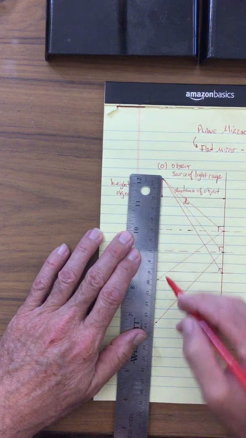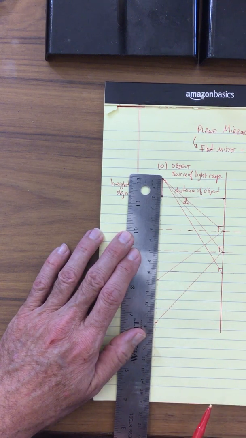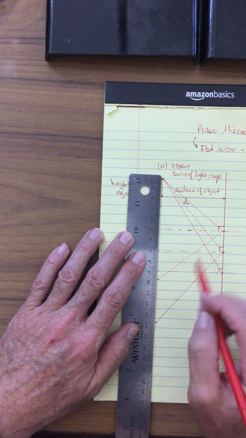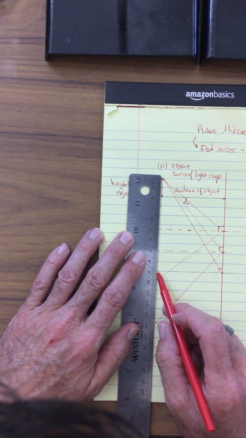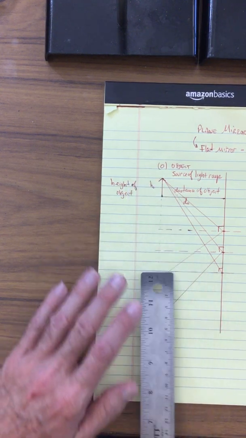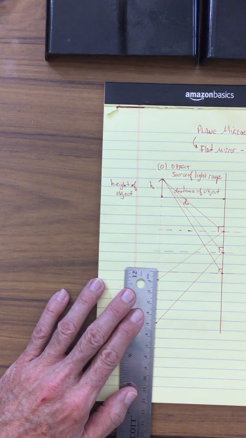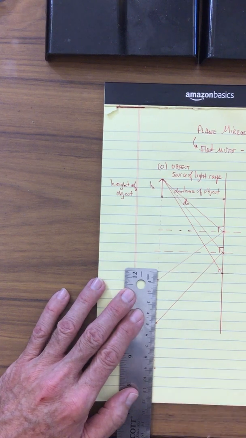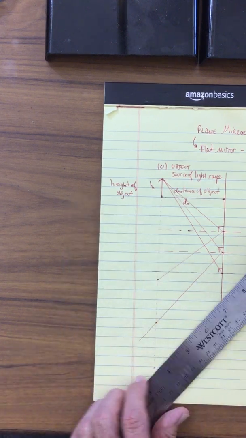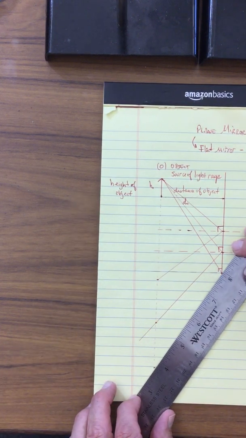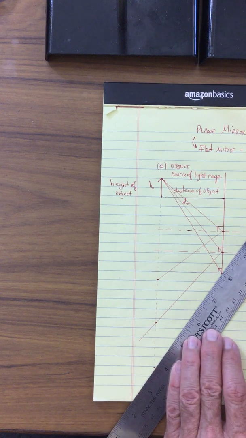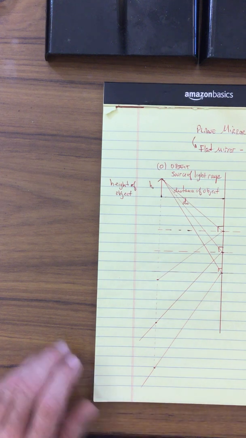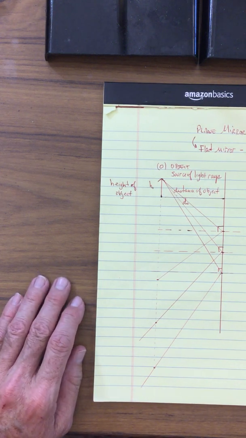For now, from here to here, it looks like it's about 8.8. So I need to come down about 8.8 here for my reflected ray to come out. So it should look something like this.